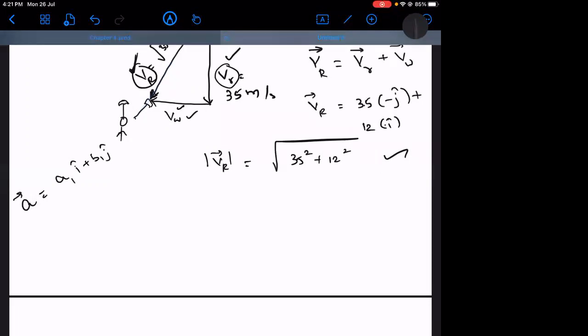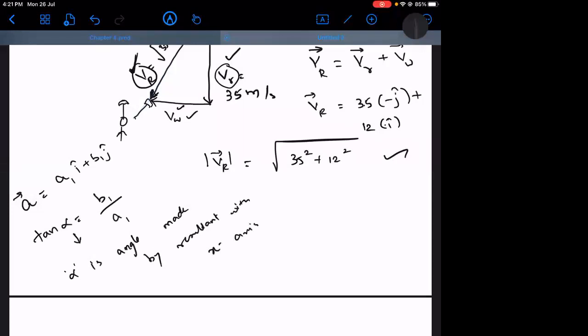Then tan alpha is given as B1 divided by A1, where alpha is angle made by resultant with x-axis.